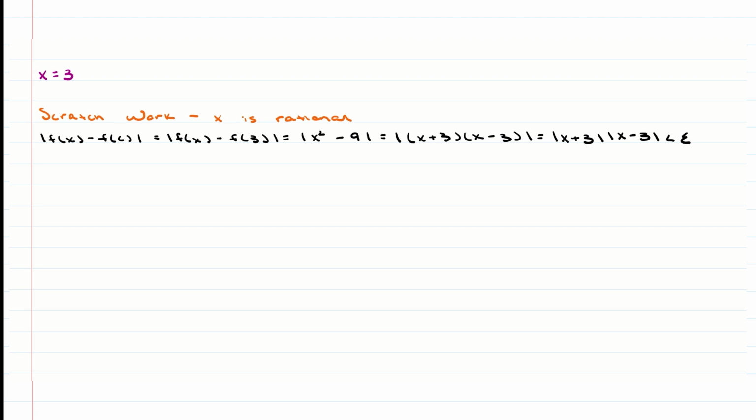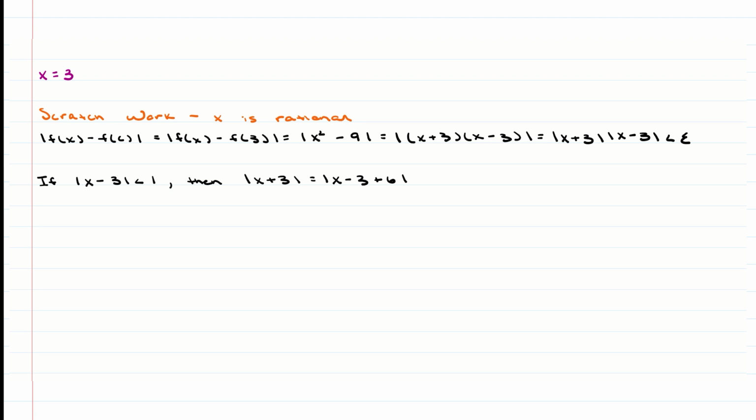So now at this point, the goal is to control the absolute value of x plus 3 so that this can actually remain true. Let's start by constraining the absolute value of x minus 3 to be less than 1. If the absolute value of x minus 3 is less than 1, then the absolute value of x plus 3 can be rewritten as the absolute value of x minus 3 plus 6.